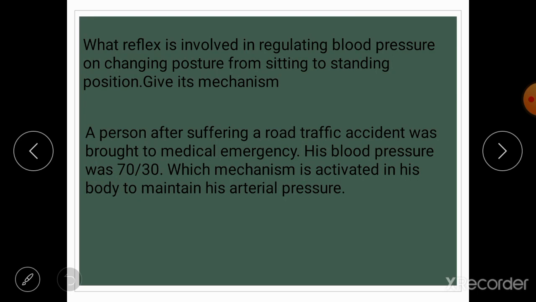As I mentioned before, our mean arterial pressure is around 93 millimeter mercury, and we have baroreceptors which act in a range of 210 millimeter mercury to 60 millimeter mercury.